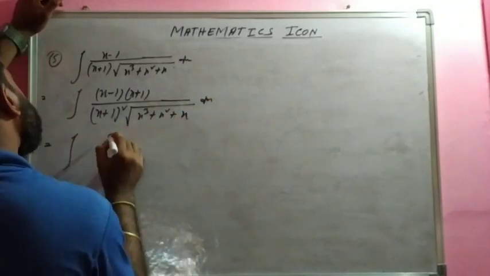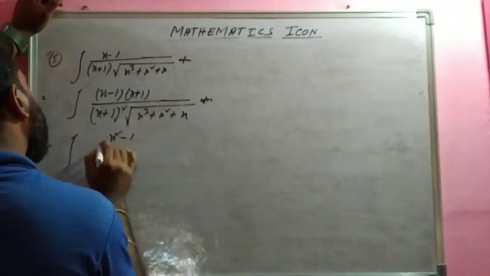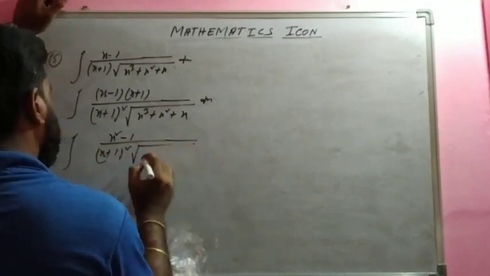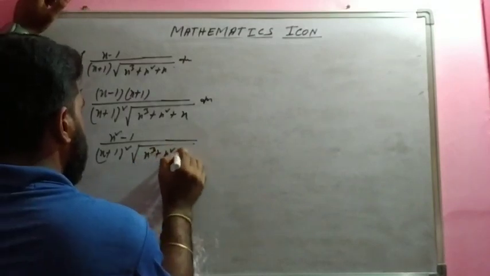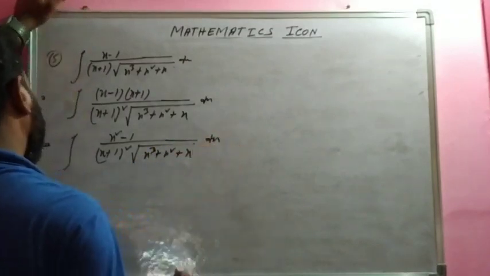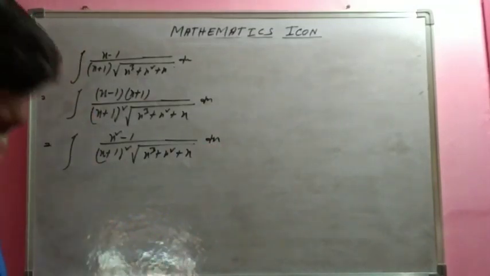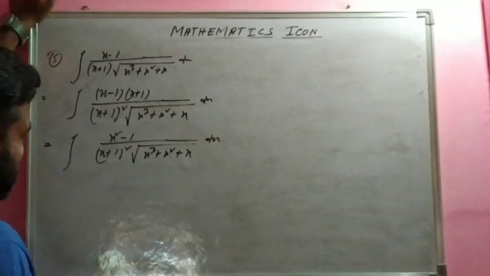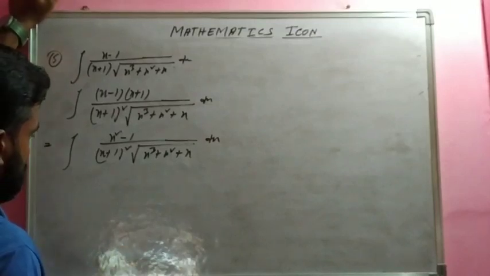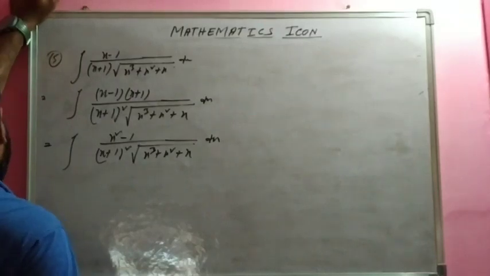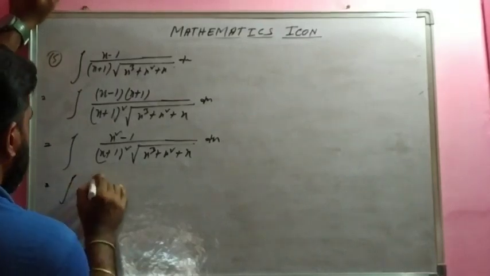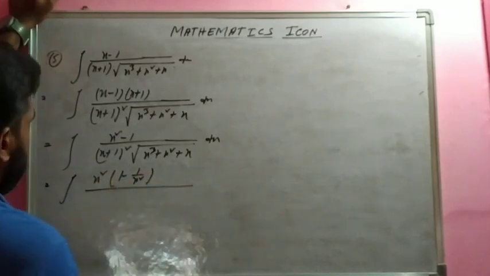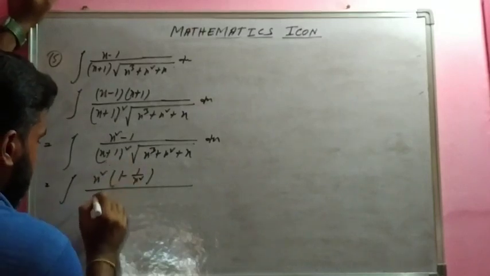So that means x square minus 1 by x plus 1 whole square, root x cube plus x square plus x dx. Is it or not? Now, in the numerator if I take x square common, 1 minus 1 by x square, and the bracket is a plus b whole square.